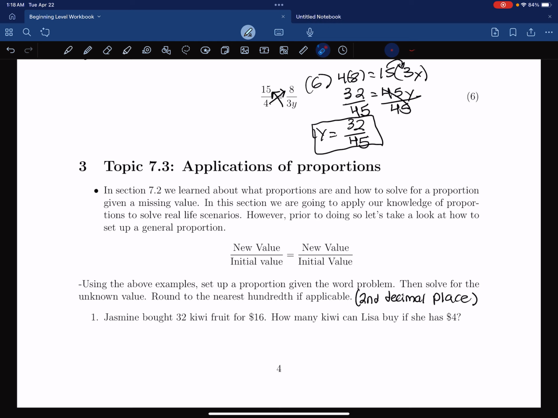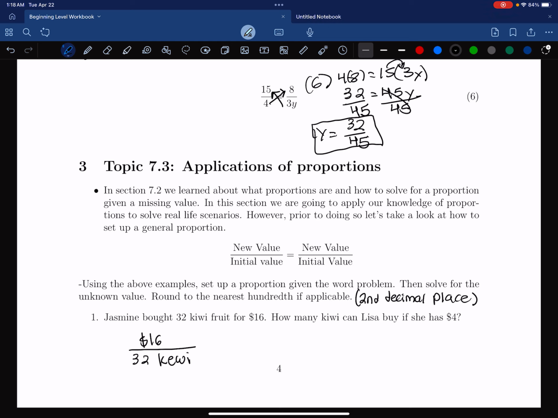Okay. So with that being said, let's look at example 1. It says Jasmine bought 32 kiwis, or 32 kiwi fruit, for $16. Given that information, how many kiwis can Lisa buy if she has $4? So let's set up a proportion. We know we can get 32 kiwi for $16.